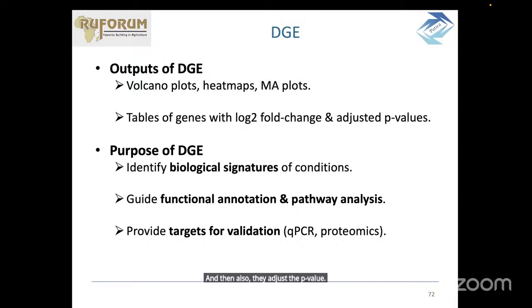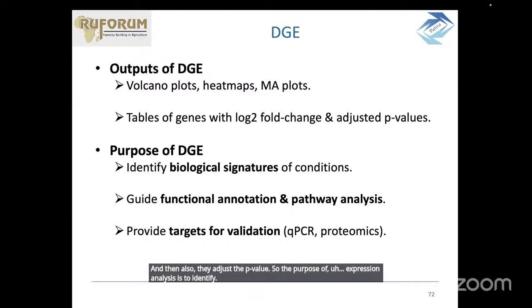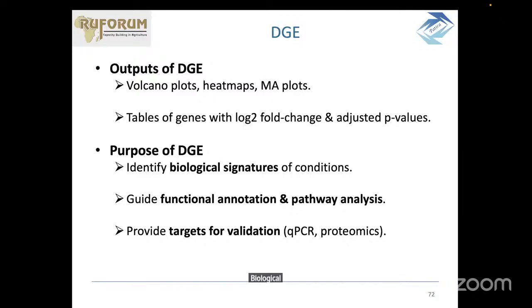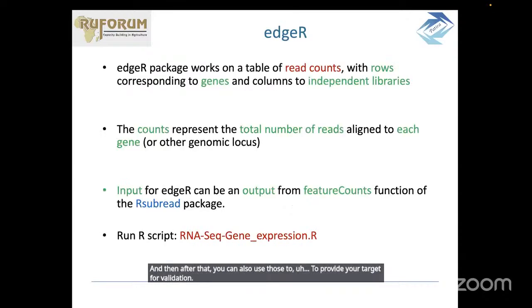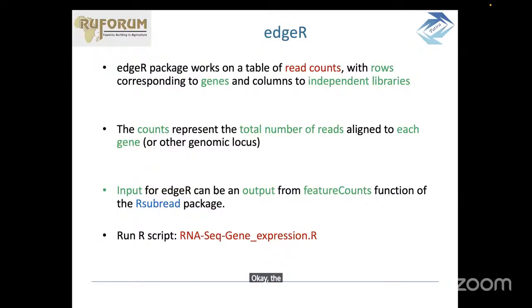The purpose of expression analysis is to identify biological signatures. After that, you also do functional annotation to show you which pathways are involved in your gene expression. You can also use those to provide targets for validation. The package that you use is called edgeR.